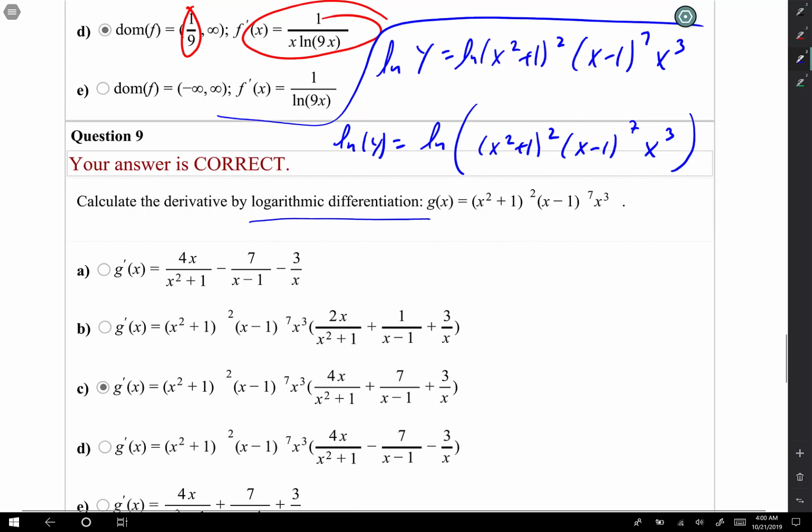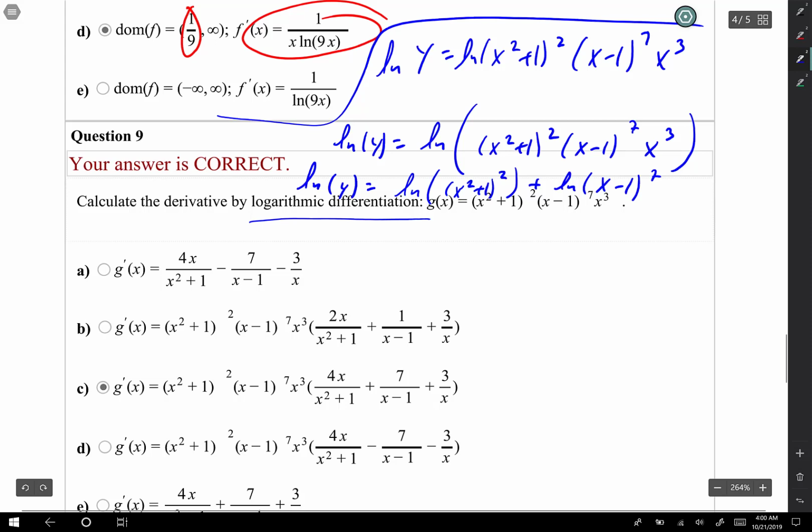So it's going to look like ln y equals ln of x squared plus 1 squared plus ln of x minus 1 to the 7th plus ln of x cubed. And you can only do that because of your property: ln of AB is equal to ln A plus ln B. That's that property there, guys.